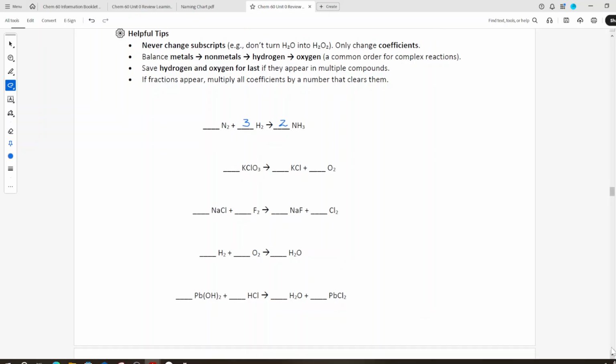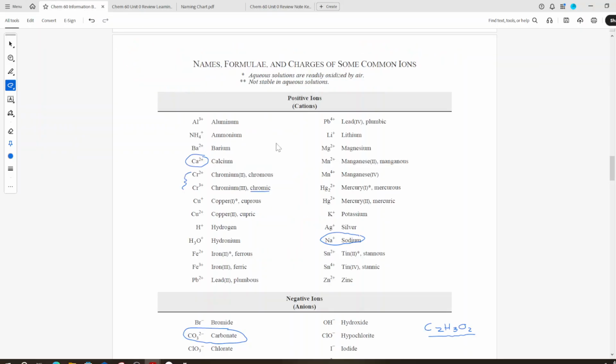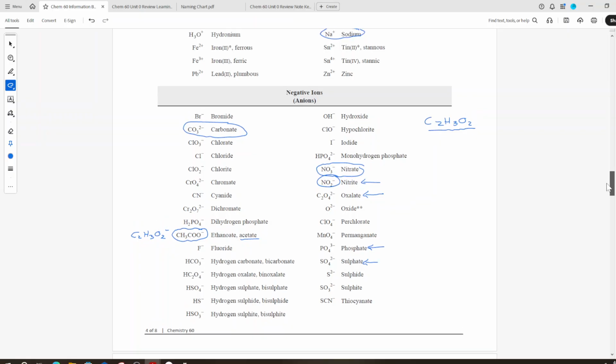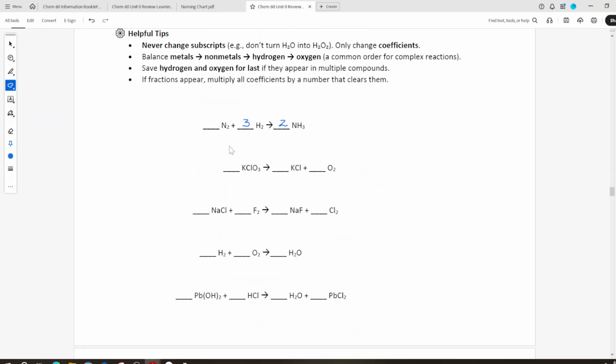Let's try another one. This one, I have potassium ClO3. Man, it's funny, we just did that whole naming thing, and then they can still throw ones on here. Chlorate. So this one is potassium chlorate going to potassium chloride plus oxygen. We've got 1 potassium on the left, that's my metal. I have 1 potassium on the right, balanced.